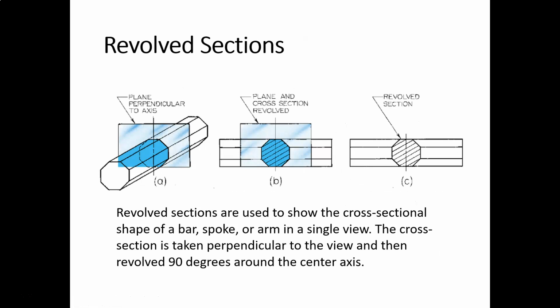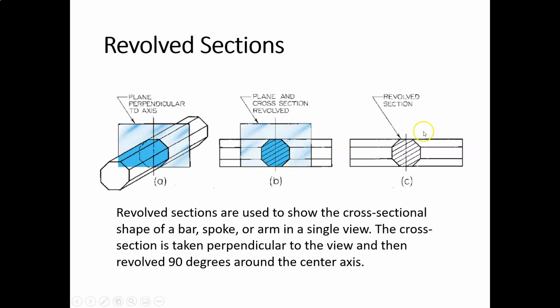Revolve section. A revolve section is where we want to show the cross section of an object, but not make a separate view. Right? So what we do is we slice into our object. So you can see here the cutting point line. We slice into our object, and then we turn the cutting point line so it shows, and we put the section view right down on top of the object.